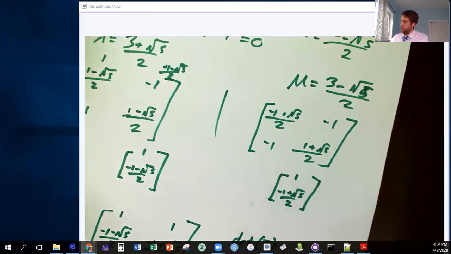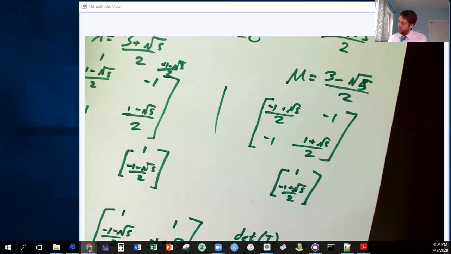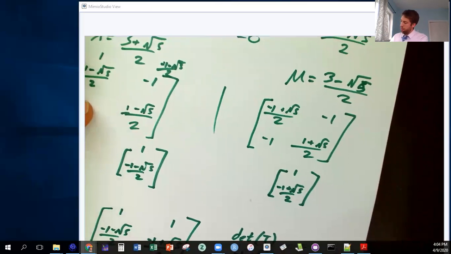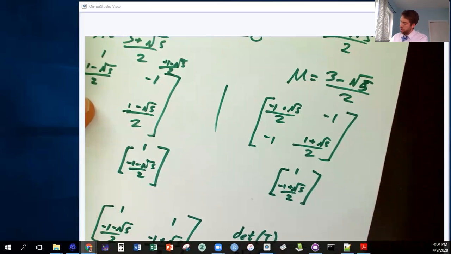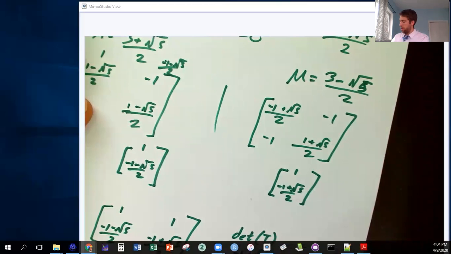Okay, so then let's multiply that through. Let me split these two fractions up a little bit. Think about this as like a 5 to the -1/2.